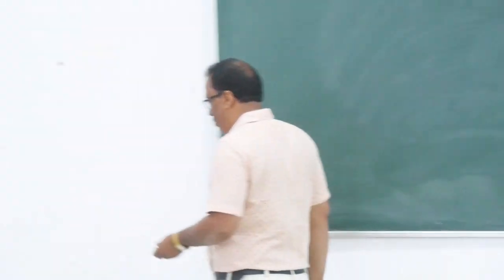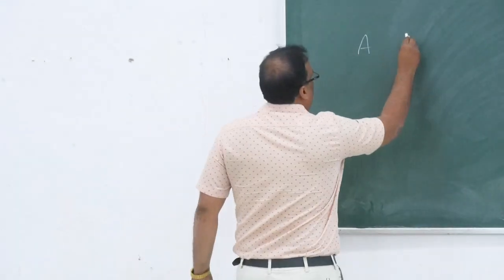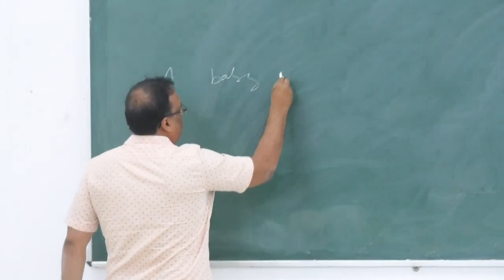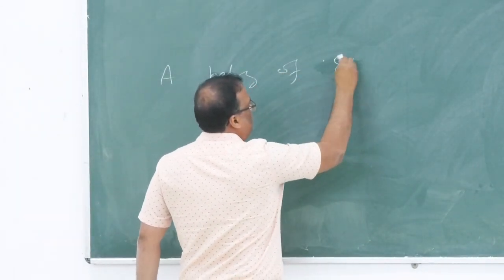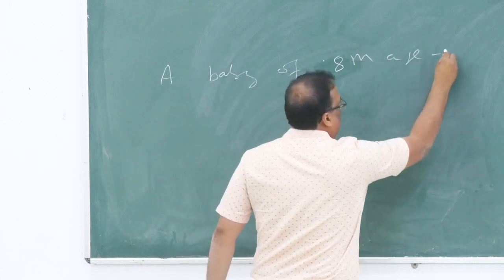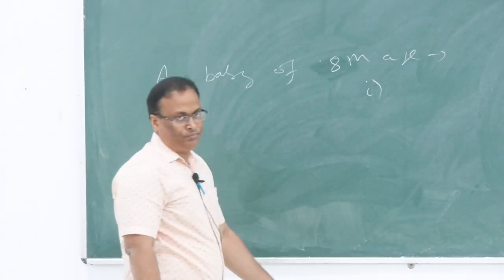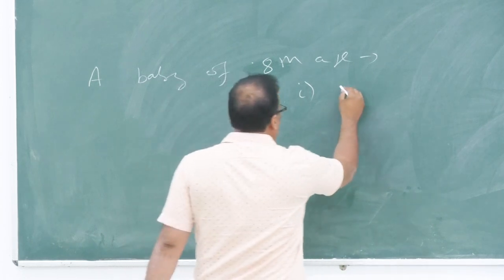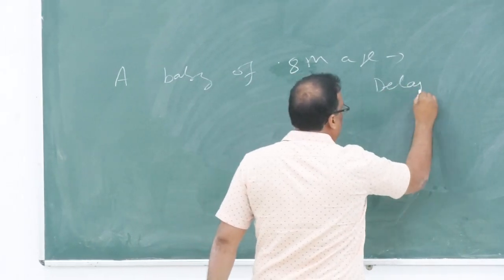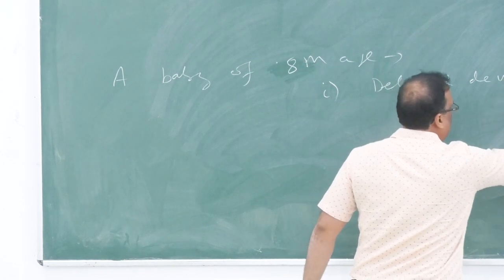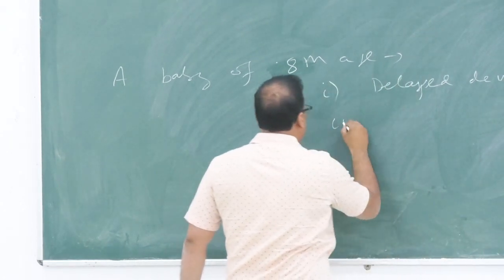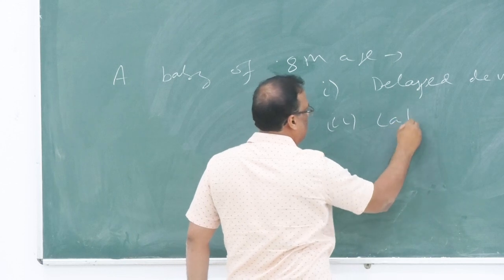Take an example of a clinical scenario. A baby of 4 months, suppose 8 months of age, is presenting with delayed development, number 1. Number 2, lethargic.